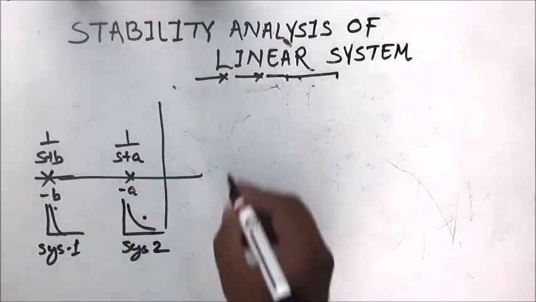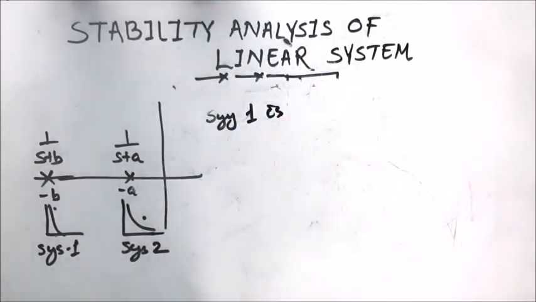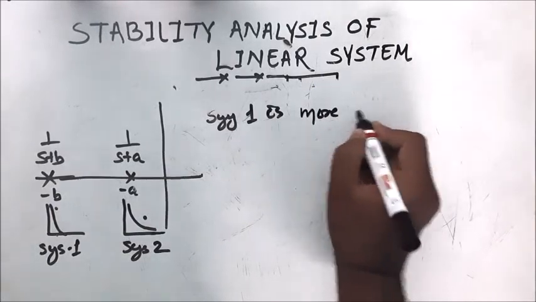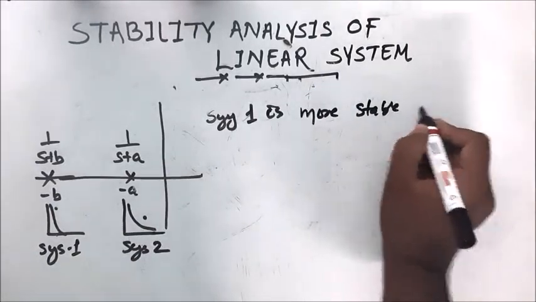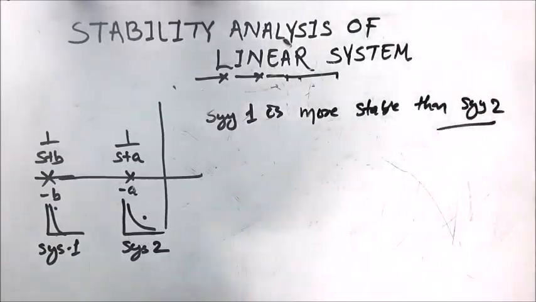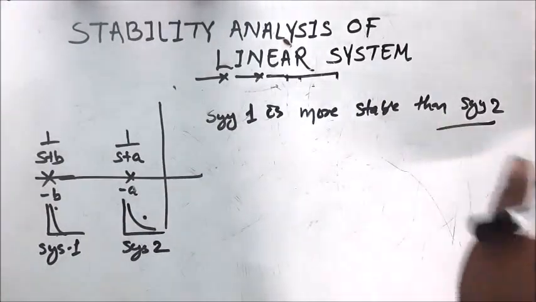So we can say system 1 is more stable than system 2. Okay, so system 1 is more stable than system 2.